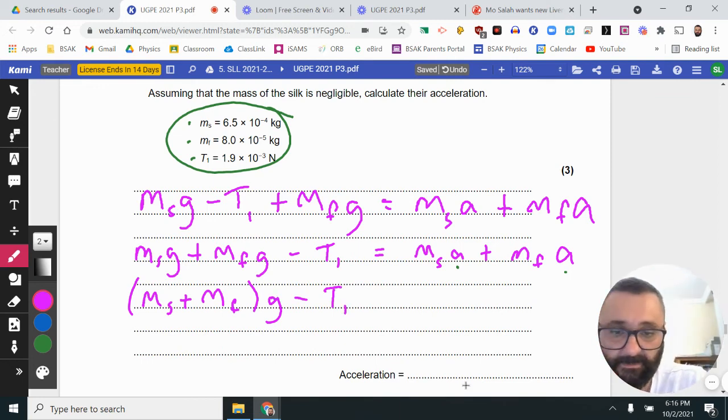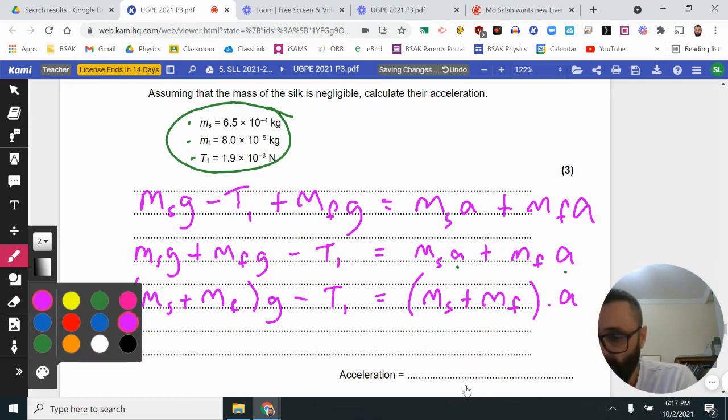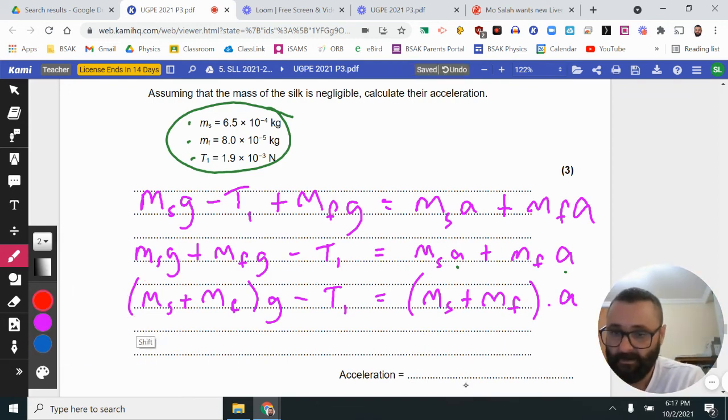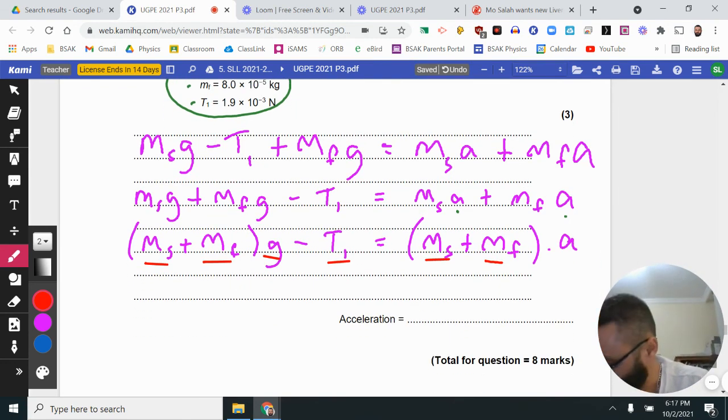Again, that equals (MS plus MF) A. We're given that. That's 9.81. We're given that. Easy peasy. Not quite. So that gives us an acceleration of 7.2.